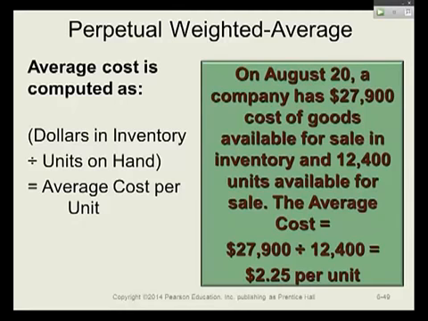So, for example, we're going to use this illustration, and we'll get back to our base example. If on August 20th you have a total cost of $27,900, and that's the total cost of goods available for sale, and the units in inventory are 12,400, the average cost is $225. That average cost is going to be used for your cost of goods sold. So if you sold one unit, it would be cost of goods sold at $225.